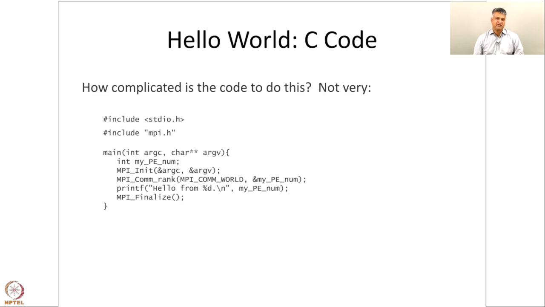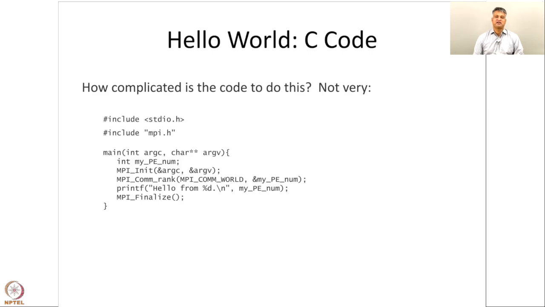Then we have an initialization function. What this initialization function does is that it takes in 2 arguments from the command line, which essentially tells it how many MPI processes need to run.